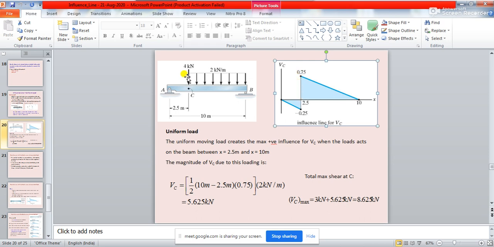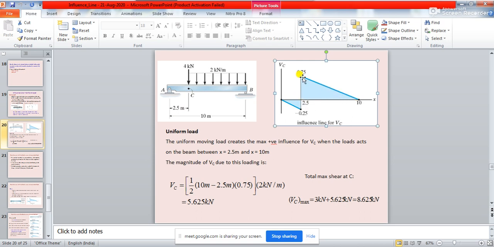And after this 4 kilonewton load comes this 2 kilonewton per meter load, which is having a length of 7.5 meter.